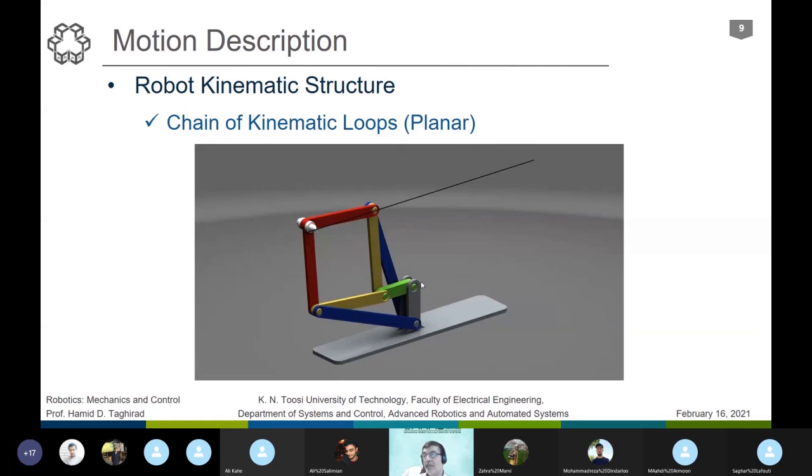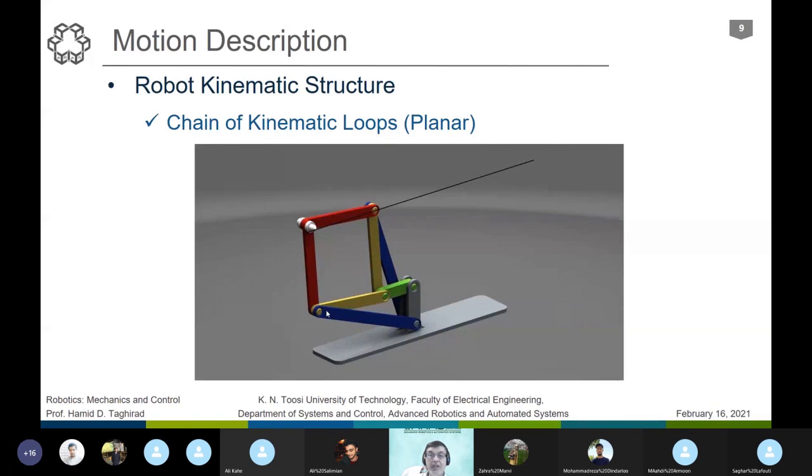We have a base and 1 joint here, 1 here, 1 here, 1 here, 1 here, 1 here, and then some connecting links. But the connecting links provide not just a single loop but a number of loops. You have a loop here, a loop here, and a loop here. At least 3 loops are here.